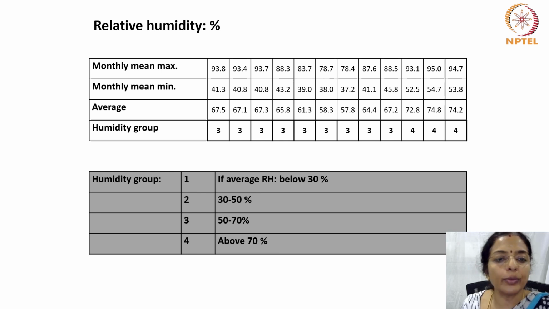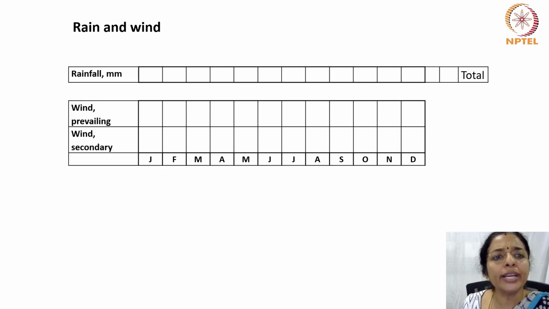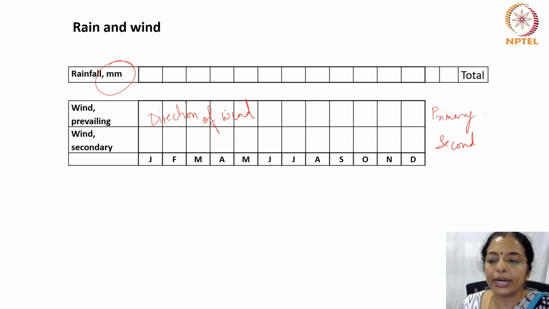Next, what will happen? You need to enter the rainfall and wind. Now, rainfall must be entered only in millimeters, and for wind here we are going to feed in the direction of wind for all the 12 months of the year. We will feed in the primary wind direction and the secondary wind direction.